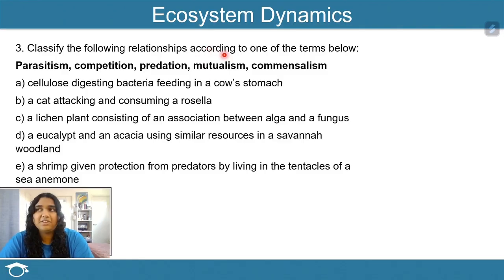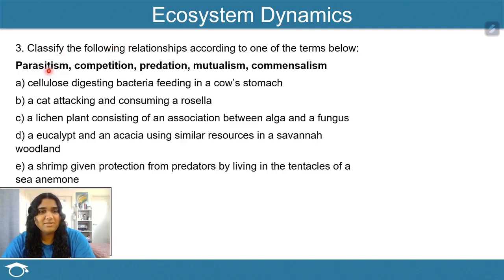Mutualism is a type of symbiotic relationship, we just covered this, where both of the organisms are benefiting. And commensalism is a symbiotic relationship where one of the species is benefiting and the other one remains unharmed. So, that being said, cellulose digesting bacteria feeding in a cow's stomach.